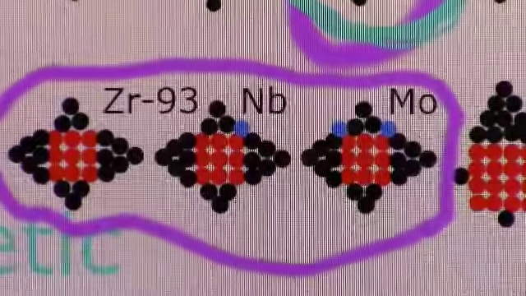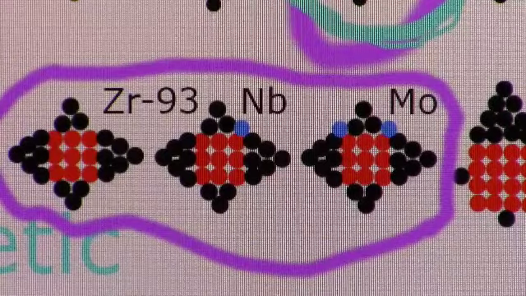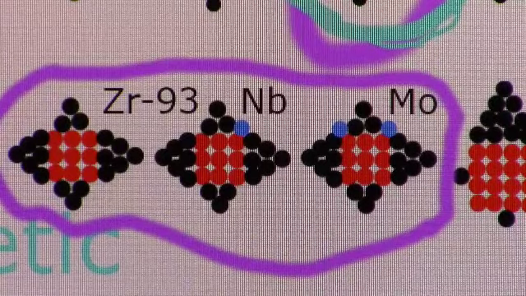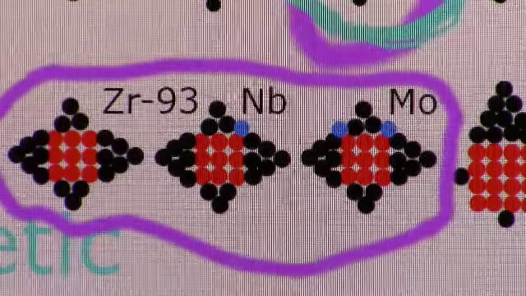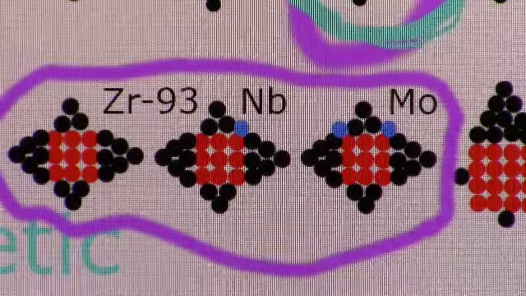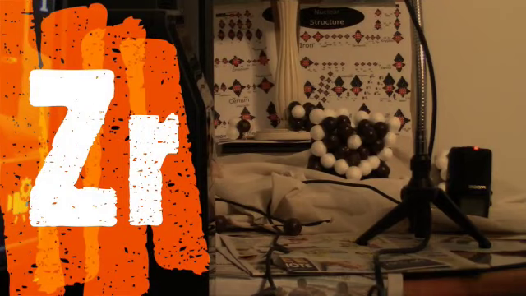There's zirconium with the cube at the center of the nucleus, and then the black protons and neutrons covering the 6 faces of the cube. And I have a video I'm going to show you now of exactly what the 3D model looks like. It's about 3 minutes and 42 seconds or so.